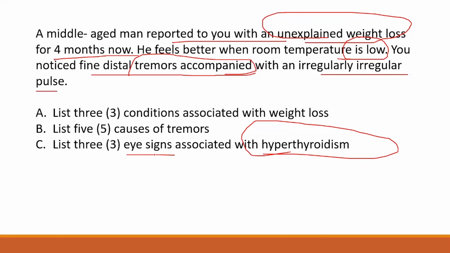So again, we have exophthalmos, lid lag, lid retraction, conjunctival edema, periorbital edema. These are the eye signs associated with hyperthyroidism.